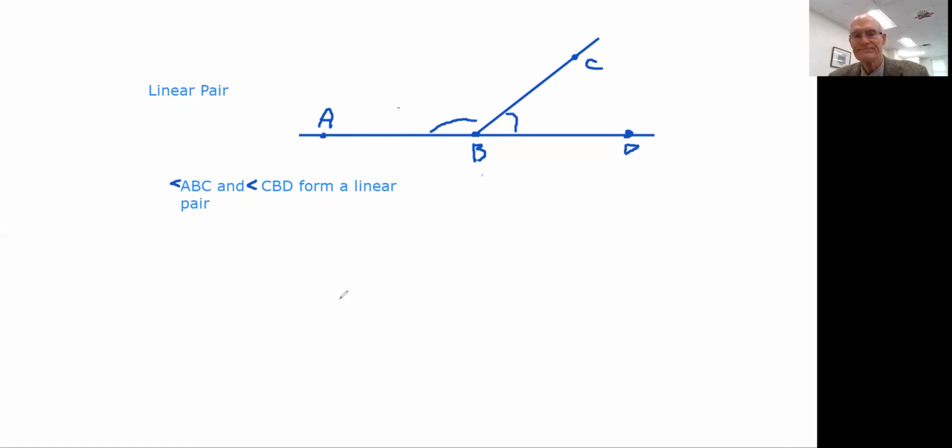Now, the next thing we're looking at are vertical angles. So here I'll erase this over here, and I'll erase this down here. And then I can come in and add one thing to this.